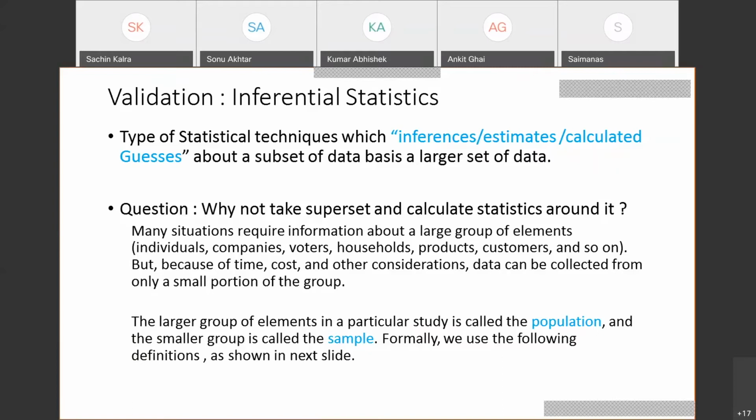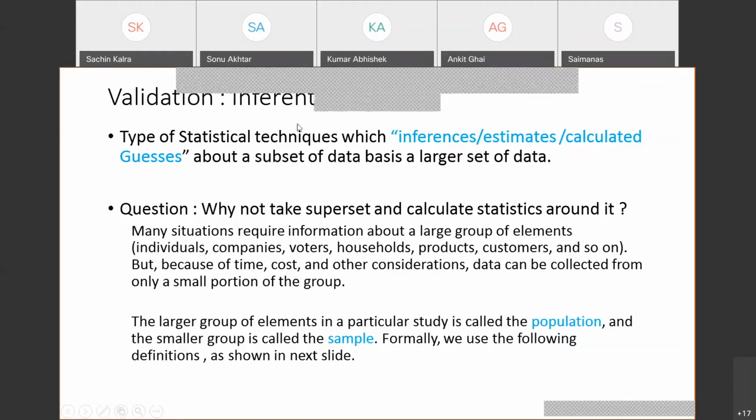Now, this larger group of elements is called the population, and the smaller subset is called the sample. These are the formal terms used in statistics for superset and subset. From the sample, we calculate some parameters, we run some statistics around it, and we try to infer about the population as well.